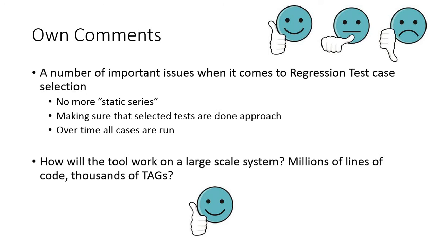Will it actually work when it comes to these big systems? I think there is a limit on how much it can actually look into. Now it probably works on a few hundred tags, but what about thousands of tags or tens of thousands of tags? Then I think it might be difficult to handle.